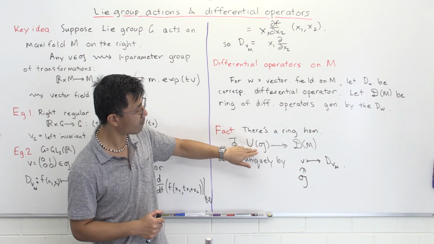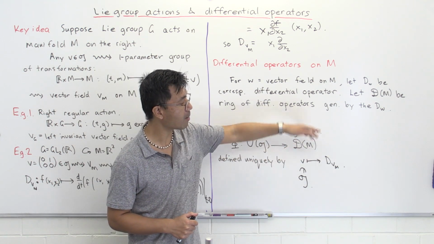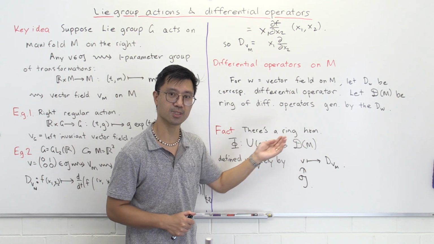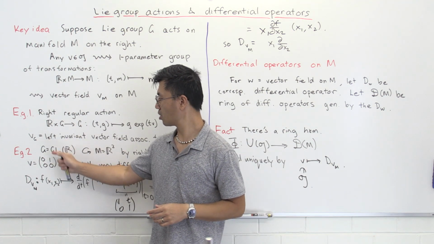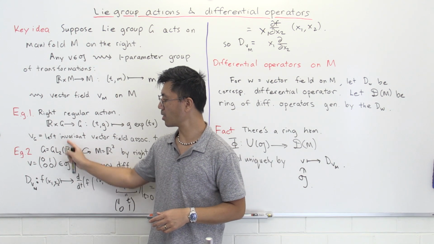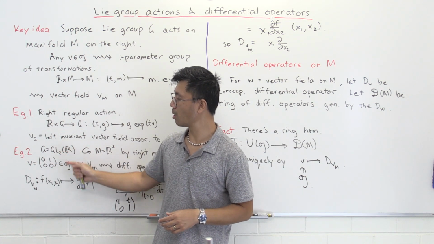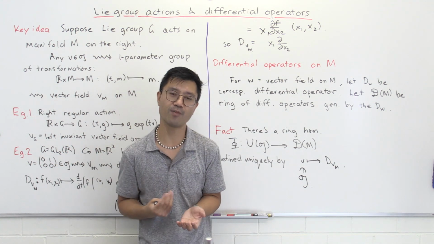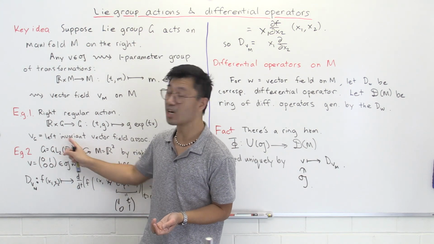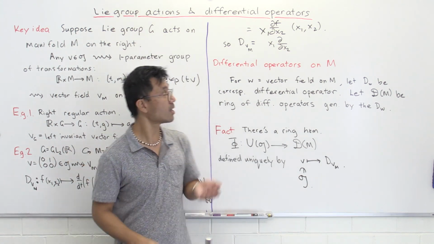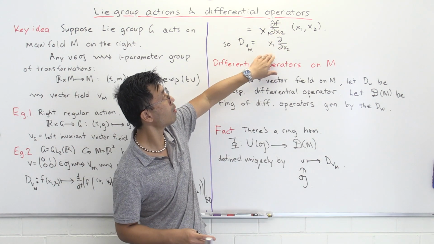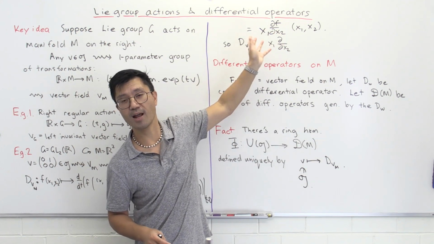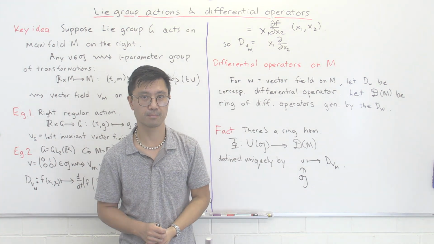Because you have a homomorphism from here to here, and maybe the differential operators here are easier to study. Remember, if you look at this GL2, this Lie algebra and its universal enveloping algebra, normally you think of them as left invariant differential operators on this Lie group. But now I can map this over to differential operators on R^2, and that's a lot easier to understand.